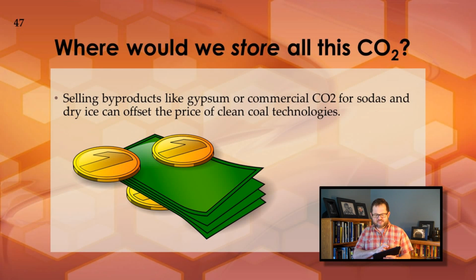Now, as it happens, all these solutions are going to be expensive. The good news is, if we can get the cost down enough, there might be ways to make this at least not entirely uneconomical. For example, there are byproducts, there are industries that need carbon dioxide. The soft drink industry, okay? The carbonation of soda involves injection of carbon dioxide.